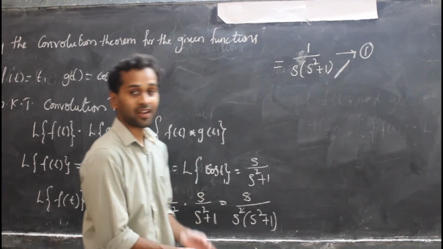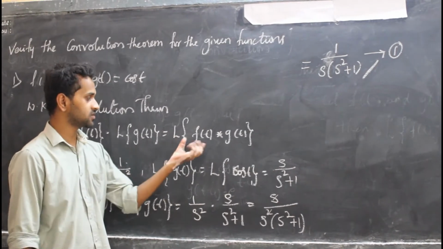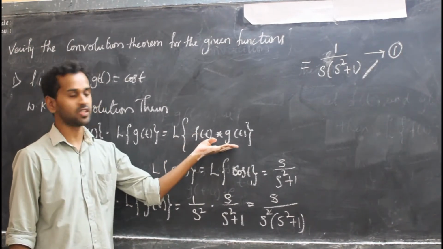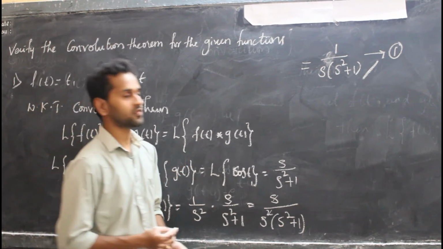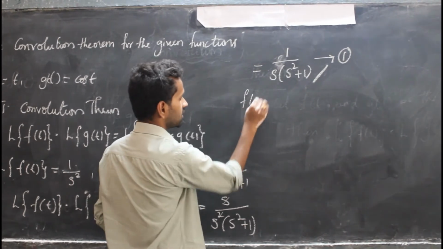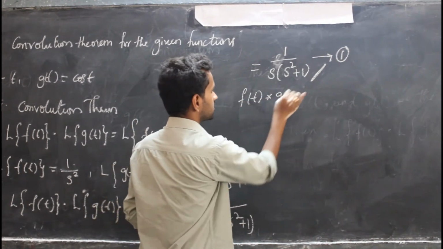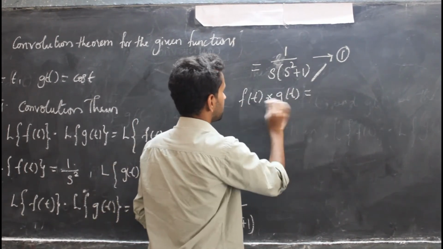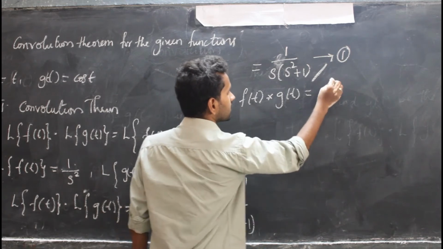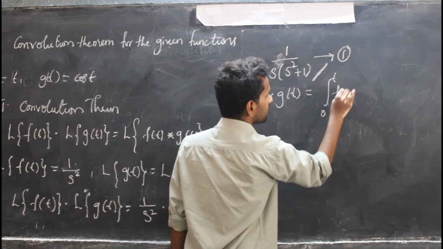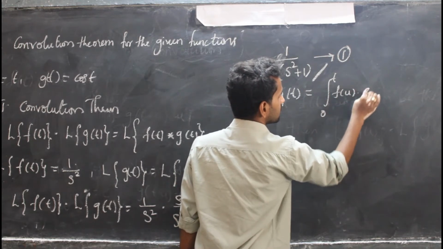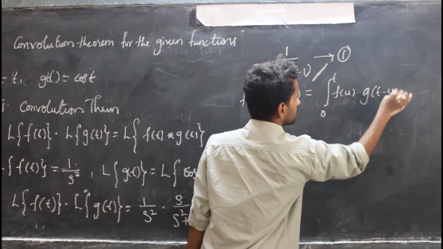Now let us take the RHS, the Laplace transform of f(t) star g(t). Let me first find f(t) star g(t), that means the convolution of f(t) and g(t). We know f(t) star g(t) equals the integral from 0 to t of f(u) into g(t minus u) du.